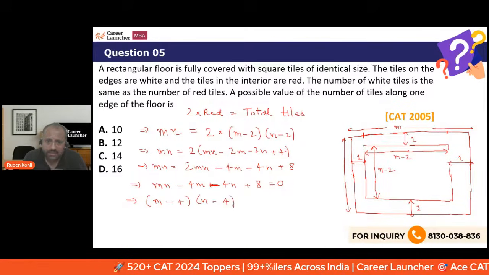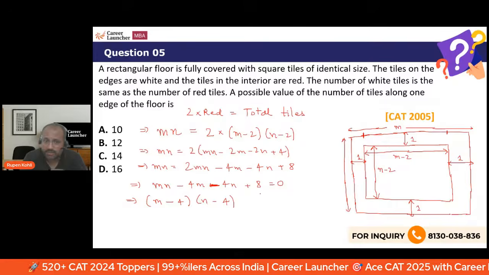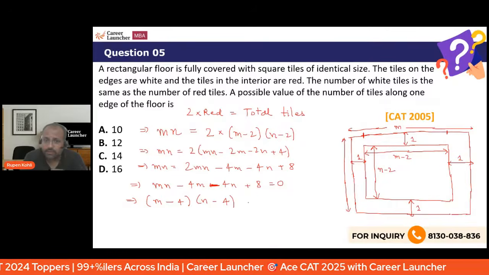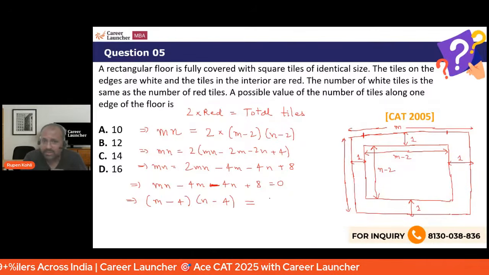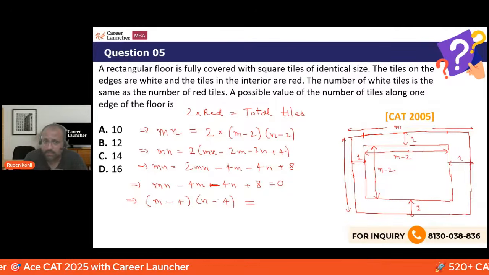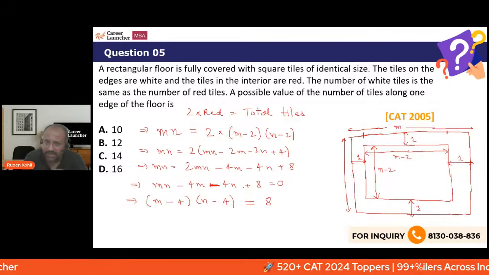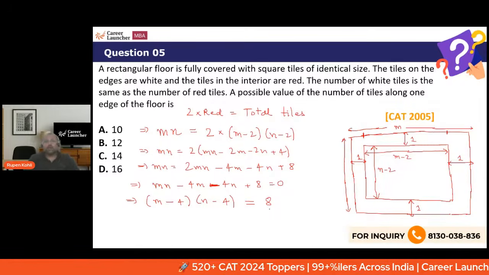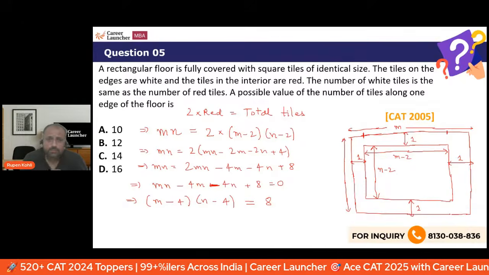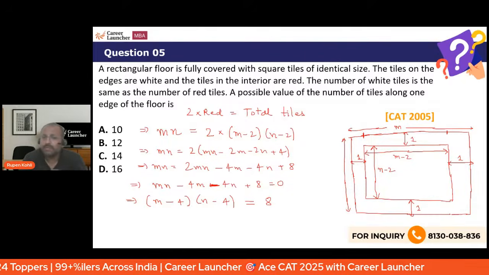But the constant term we are getting is 16 on the left hand side, but the constant term was only 8. So to balance on both sides, I must write 8 on the right hand side. So mn minus 4m minus 4n plus 16 equals 8, by adding 8 on both sides. All right, so finally we can say that m minus 4 and n minus 4 are factors of 8.